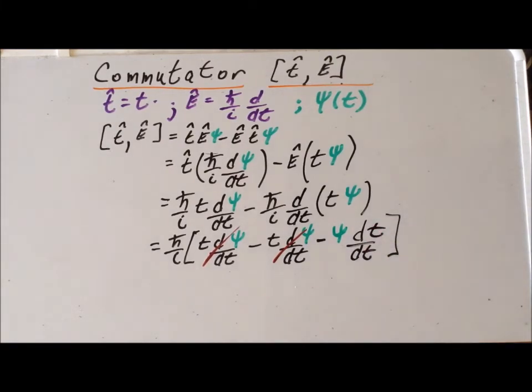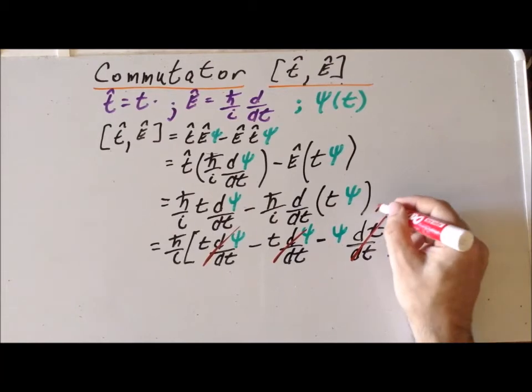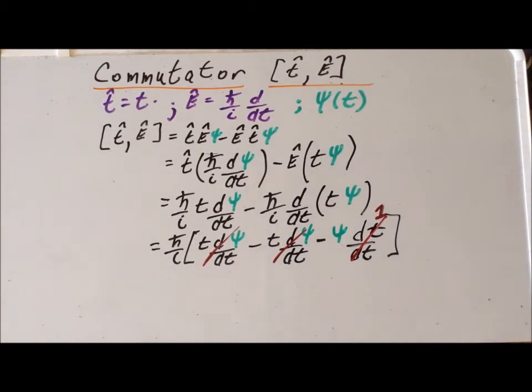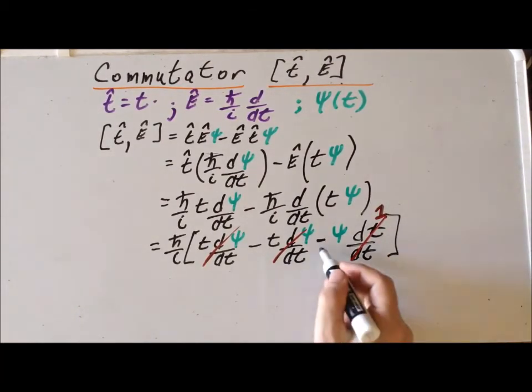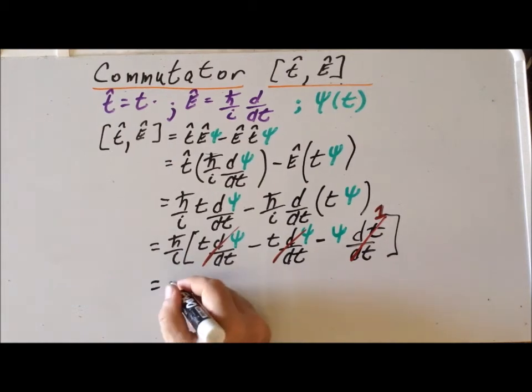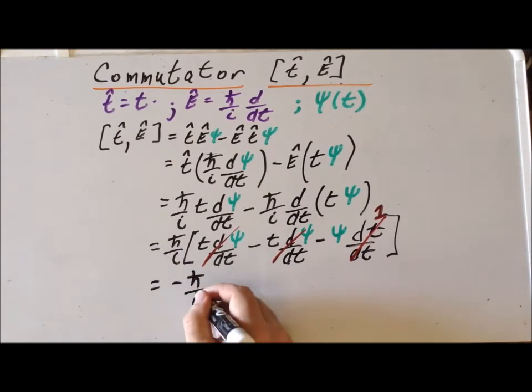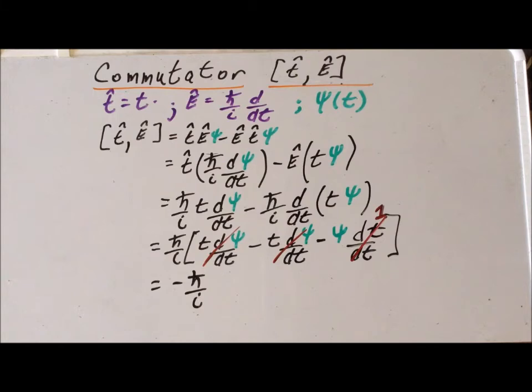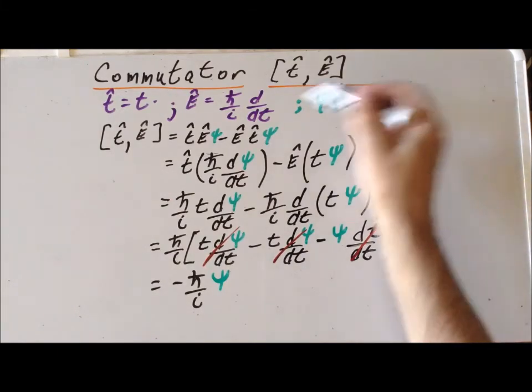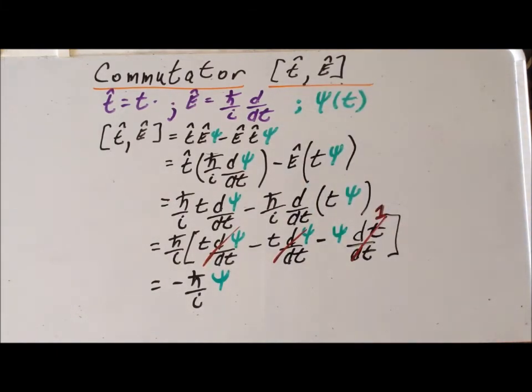So we are left with minus 1 times h bar over i times our wave function psi. Now again, recall that we simply added the wave function psi to give some dummy function on which our operators could operate. So that's not an essential part of the problem.